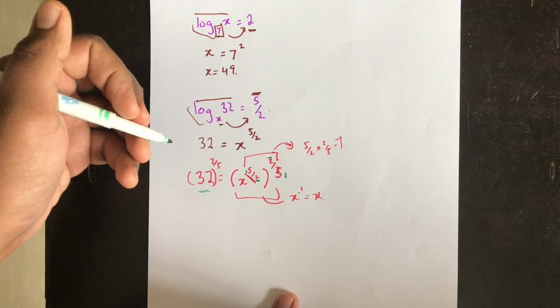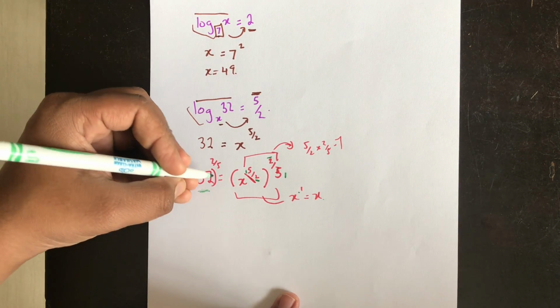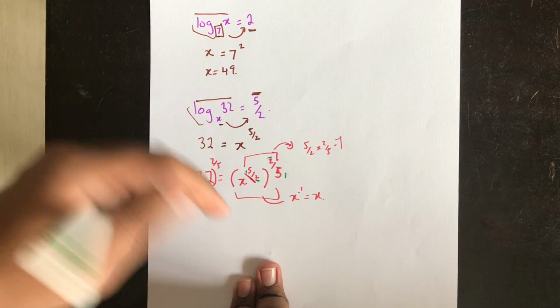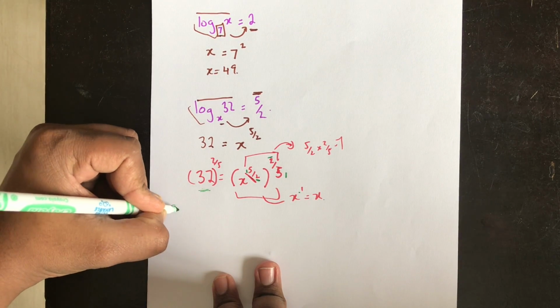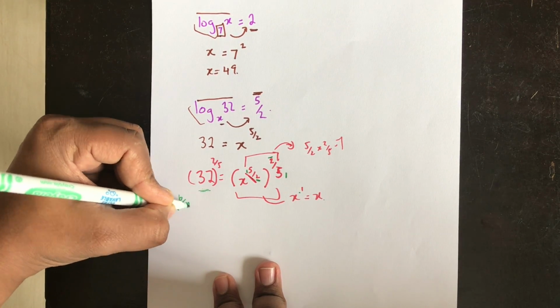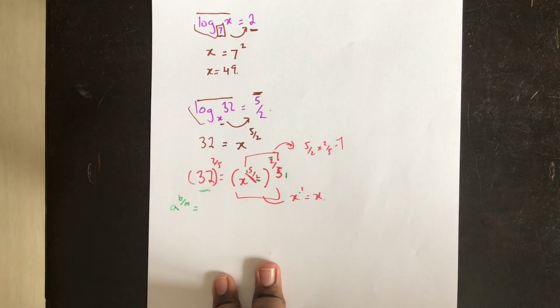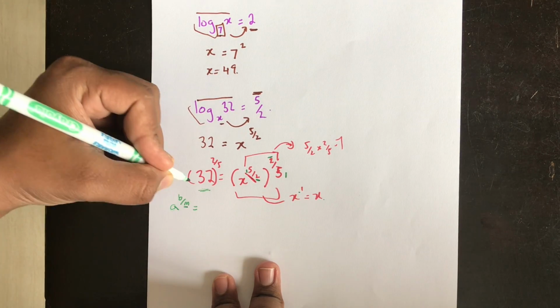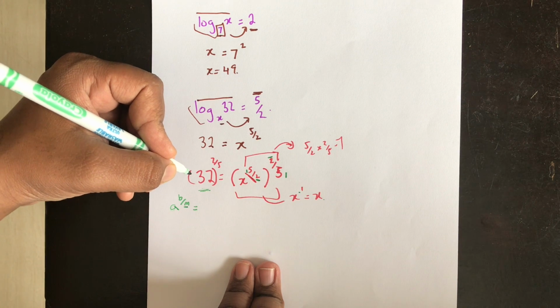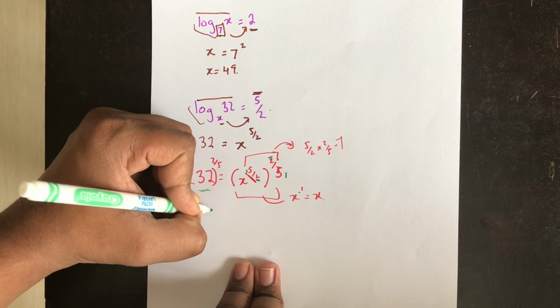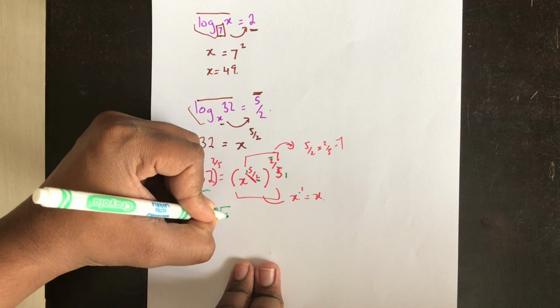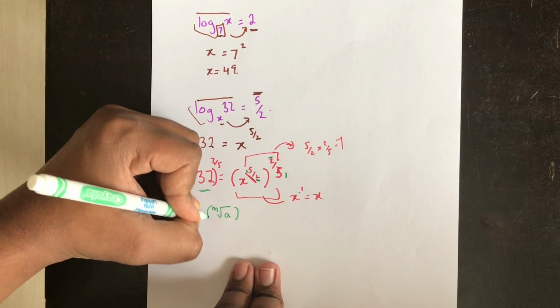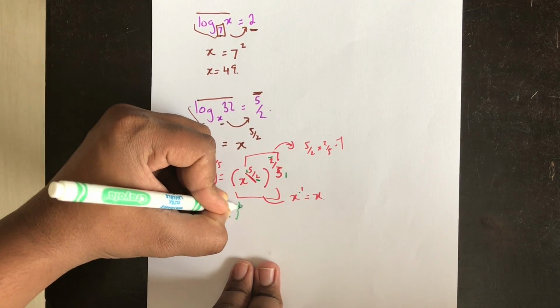From our previous videos on exponents, we learned that if you have a number a to the power of a fraction b over m, the denominator will be the degree of the root. So it's the mth root of a, raised to the power of the numerator.